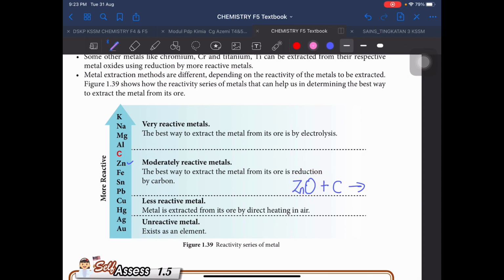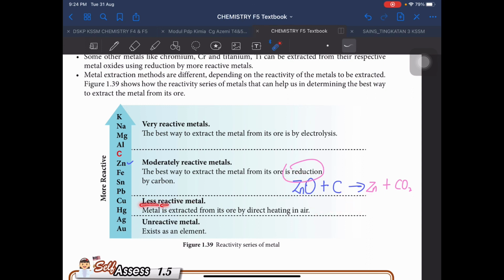So what happen after the reduction? Reduction by carbon adalah you will have zinc and then you will have carbon dioxide. Begitulah. Okay, because the C ambil itu ore sudah. That's why we say this one will be reducing agent. Carbon is the reducing agent because dia reduce. Okay, so zinc akan kena extract.